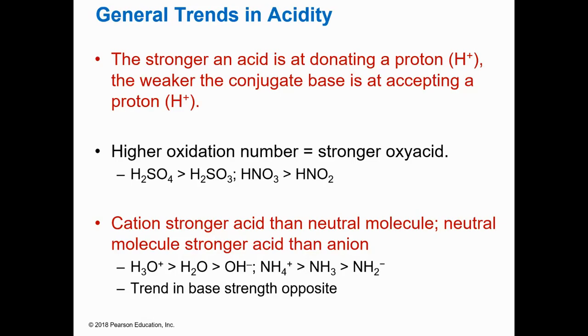Okay, and then a cation acid will always be stronger than a neutral acid, and neutrals will be stronger than anions. Okay, this is just in ranking. I'm probably not going to ask you either of those, but I will ask you about the acid. If it's a strong acid, it'll have a weak conjugate base.